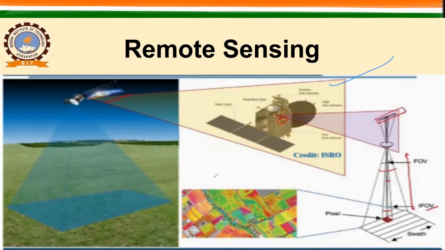Remember in the image I told you, one pixel is basically one square box, which is generated or acquired by a single detector. एक पिक्सल मतलब एक स्क्वायर बॉक्स, और वो एक सिंगल डिटेक्टर से एक्वायर किया गया हो या जनरेट किया गया हो.